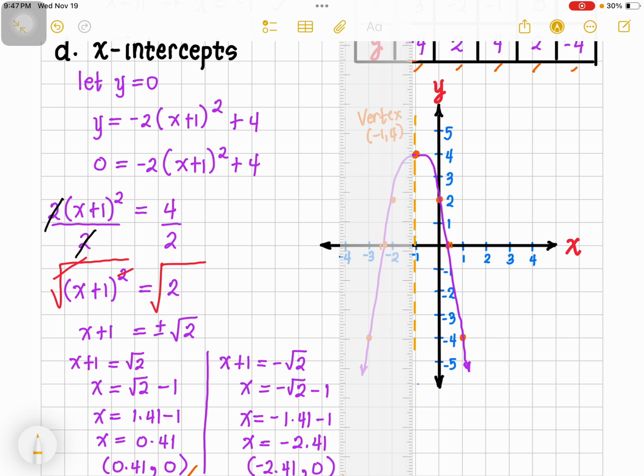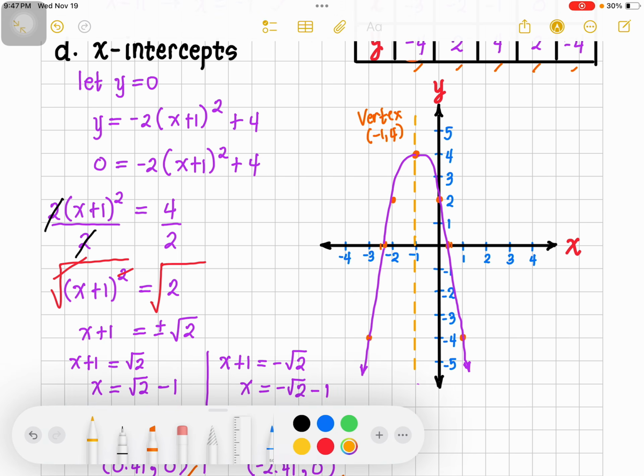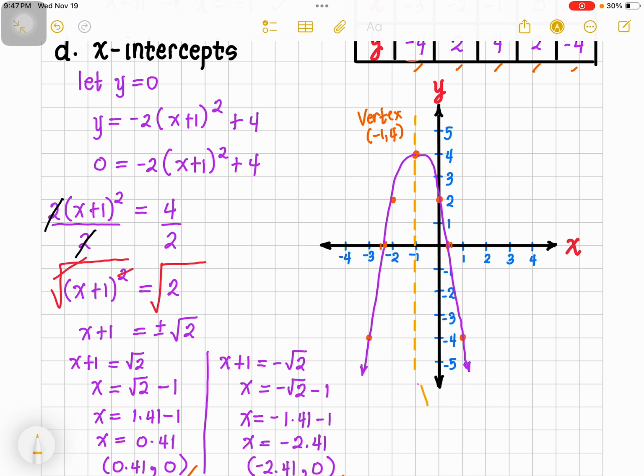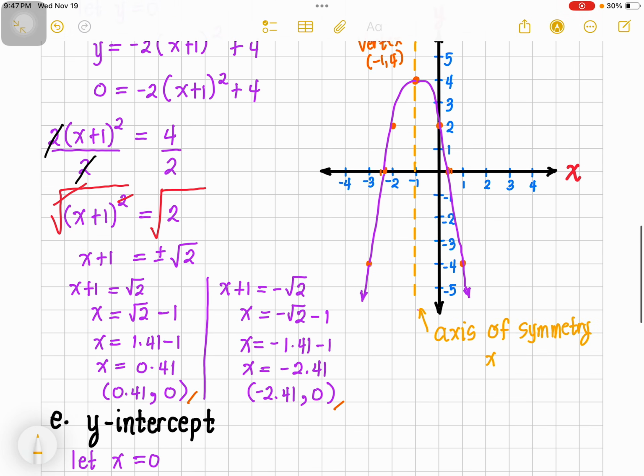So, class, kung makikita natin, dinivide niya yung parabola into two mirror images. Tama? So, ang tawag natin dito is axis of symmetry. Okay? And then, and that is, yung axis of symmetry natin, x equals negative 1. Tama? Okay, x equals negative 1.